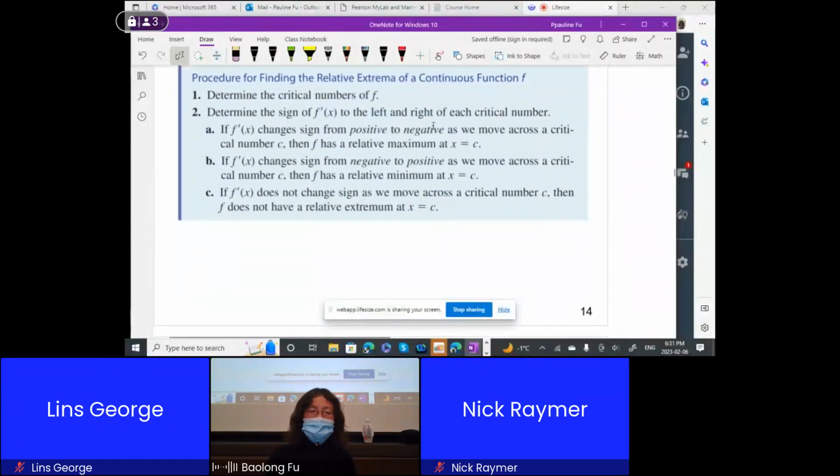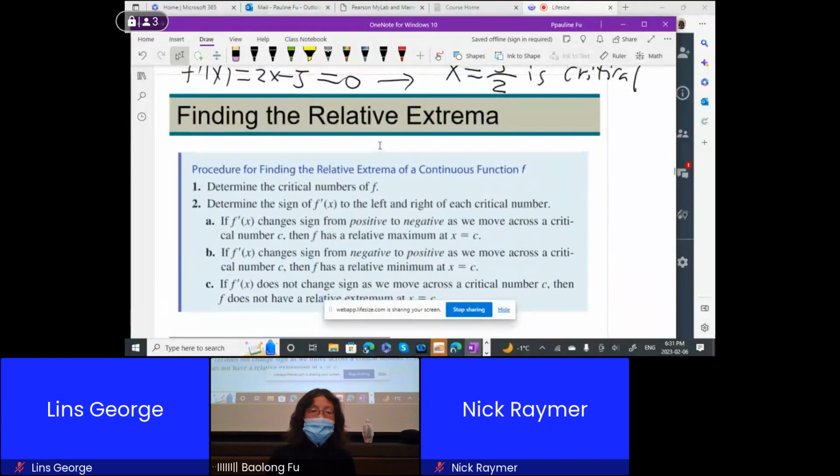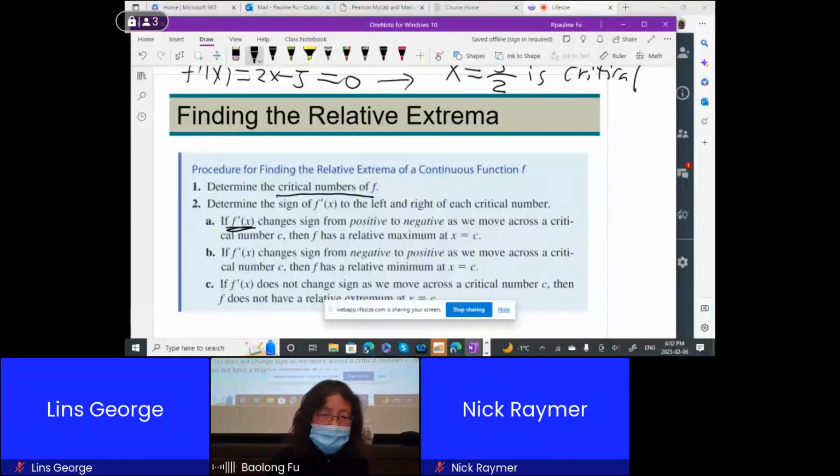We'll take an example to illustrate this theoretical procedure. How to find the relative maximum? How to find the relative minimum? To find the relative maximum or relative minimum, first we need to find critical numbers, and then we examine f prime of x.